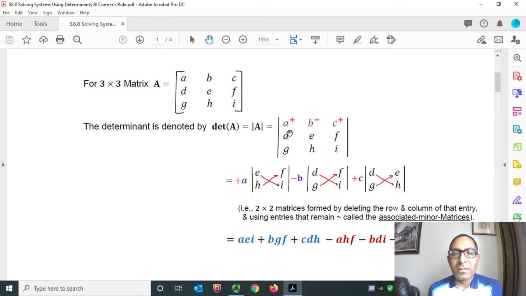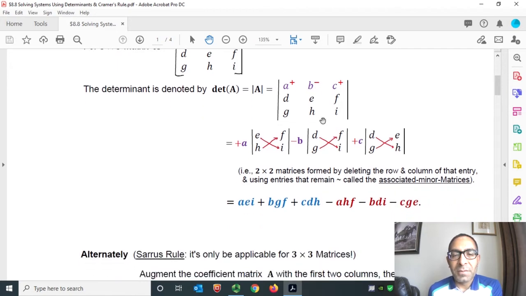We expand the 3 by 3 determinant along the first row, so we start with a plus sign, then minus sign, and then plus sign. In the next step we write plus a, and then we cross out the row and column including the entry a. So here we cross out the first row and first column including the entry a.